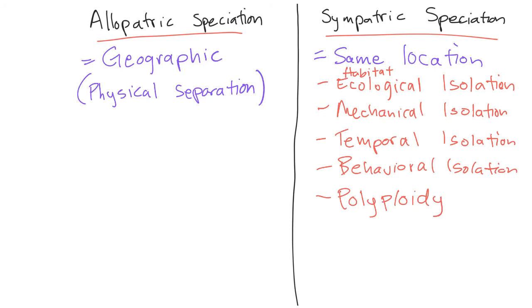Both processes could lead to speciation. Okay, what about sexual selection? Okay, yeah, you could have sexual selection within a population. Or maybe different populations are arising because different traits are being sexually selected. So that could possibly occur as well.